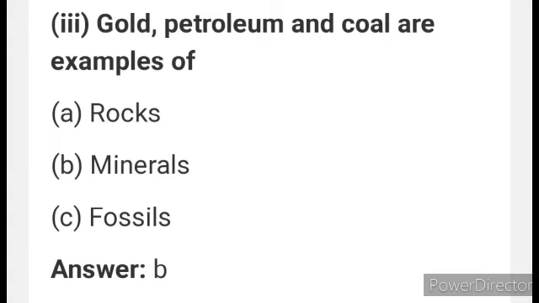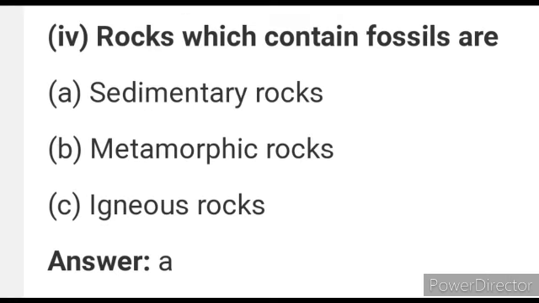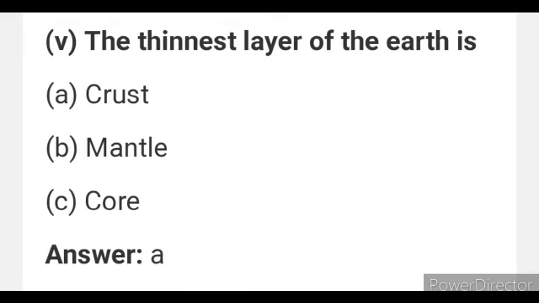The next question is, gold, petroleum, and coal are the examples of either rock, minerals, or fossils. So the correct answer is the minerals. Another question is, the rocks which contain the fossils are sedimentary rocks. Question number 5 is, the thinnest layer of the earth is the crust.